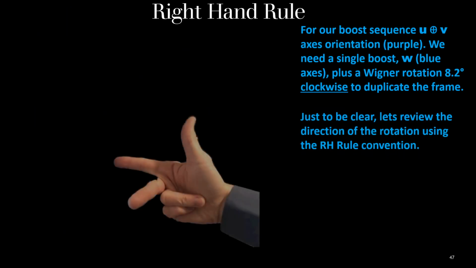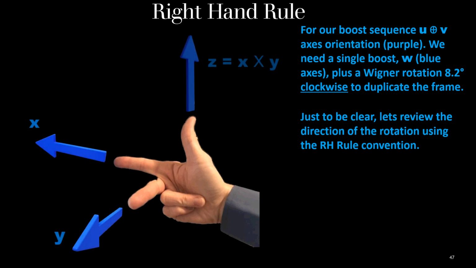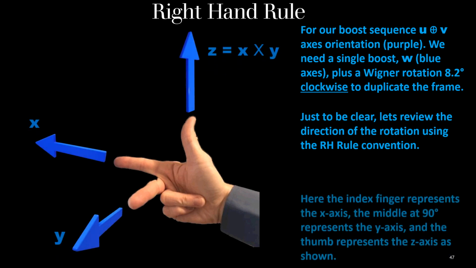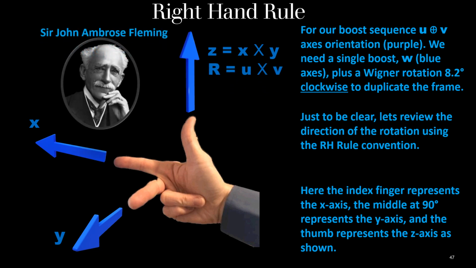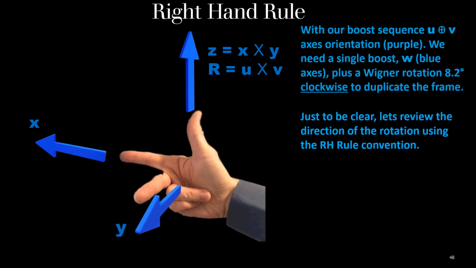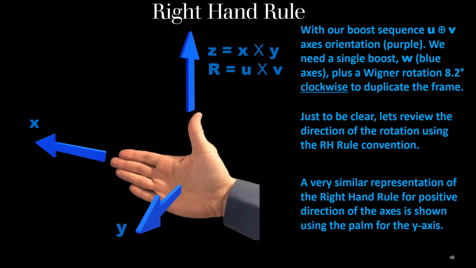To be clear about the direction of rotation, use the right-hand rule. Here, the index finger represents the x-axis, the middle finger at 90 degrees is the y-axis, then the thumb represents the z-axis as shown. Another version of the same rule considers the palm for the y-axis, where the fingers usually represent field vectors.